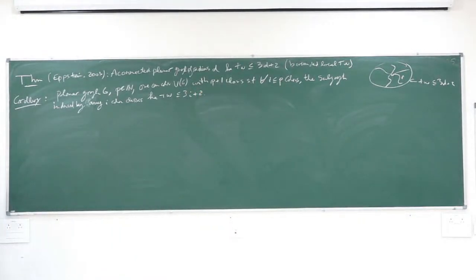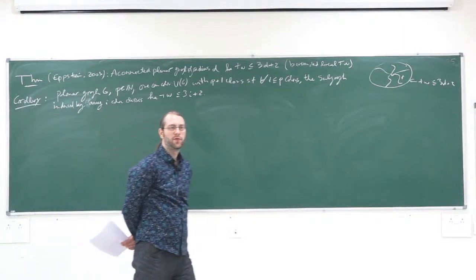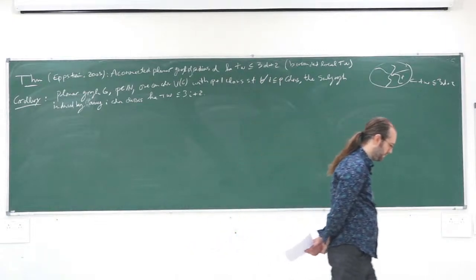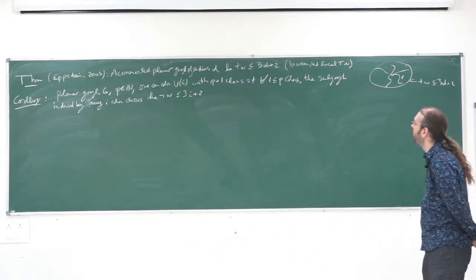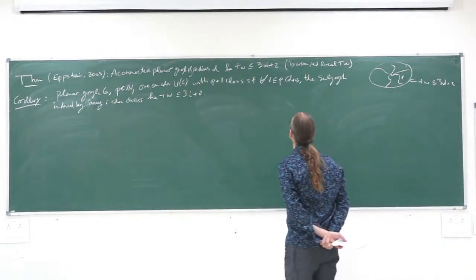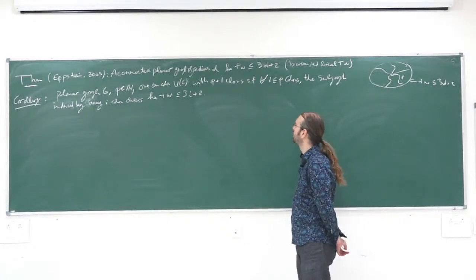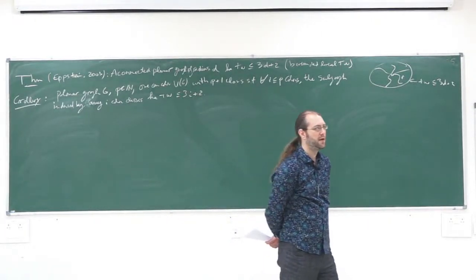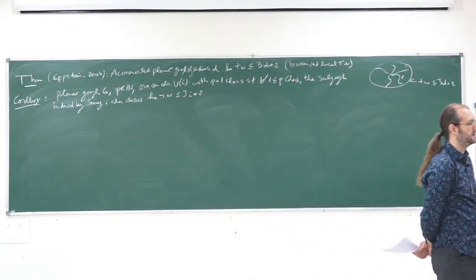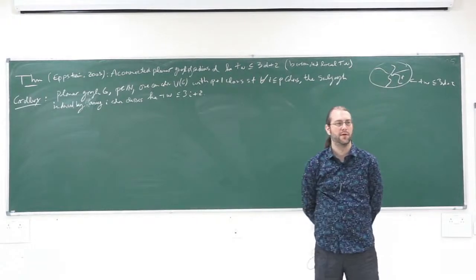Not a proper coloring, right? In this case, it's not a proper coloring. In fact, if you take one color class, let's say i equals 1, what you get is a graph of treewidth 5. If we wanted a proper coloring, we would need treewidth 0.